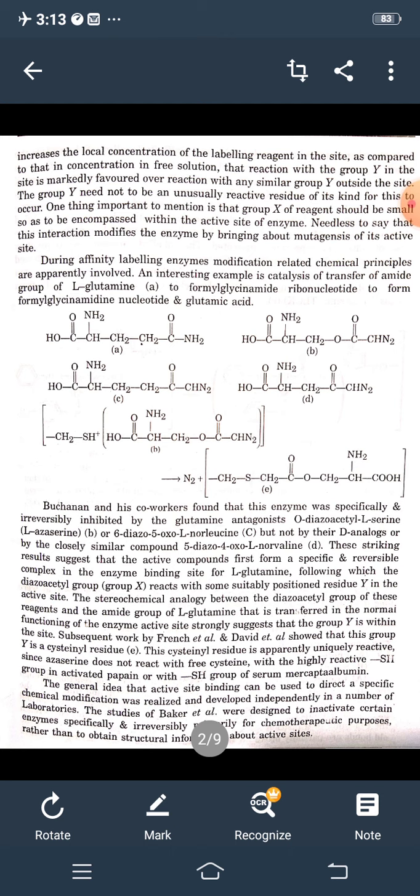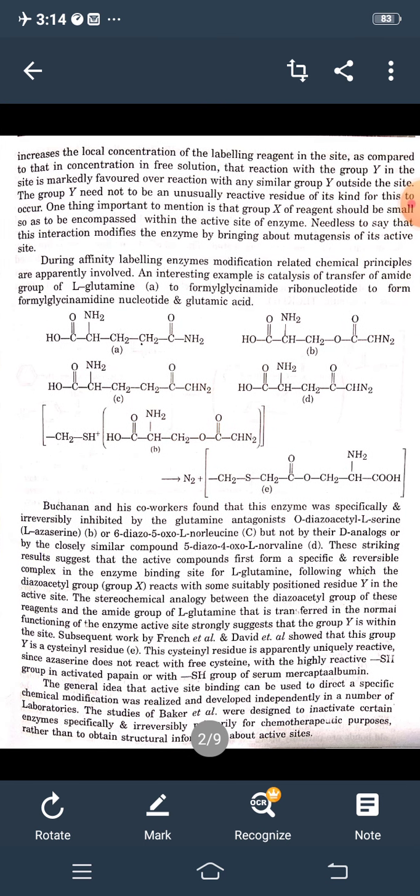For example, we can see L-glutamine and formylglycinamide ribonucleotide to form formylglycinamidine nucleotide and glutamic acid.